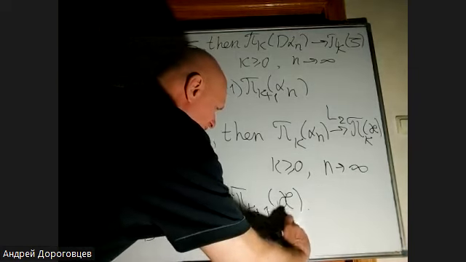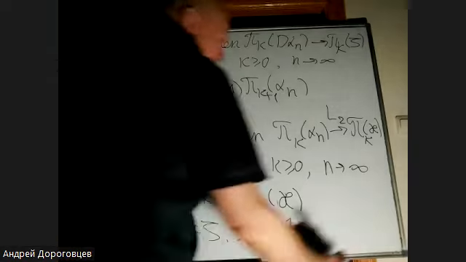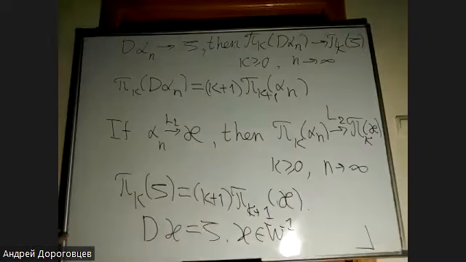This is exactly our state. So now we know that the stochastic derivative is a closed linear operator.